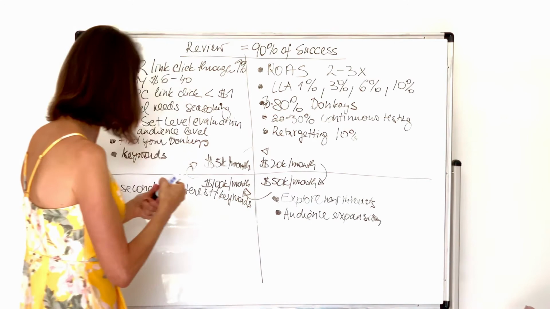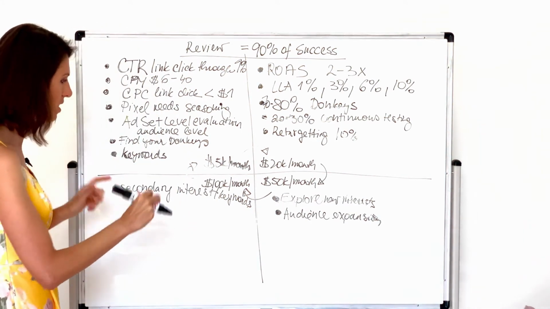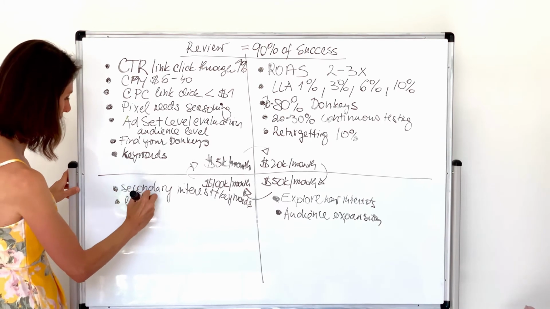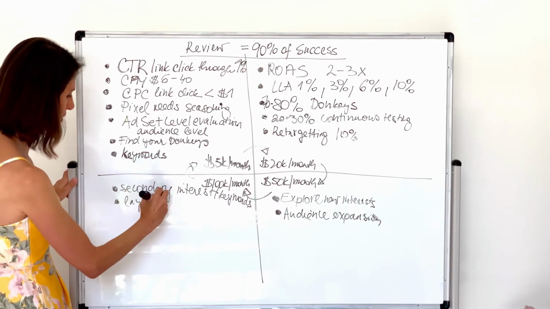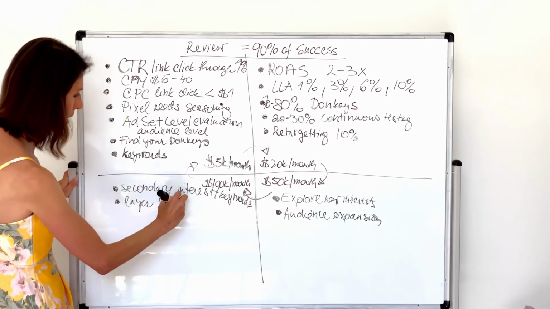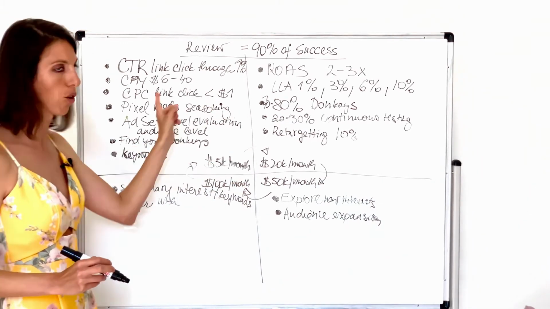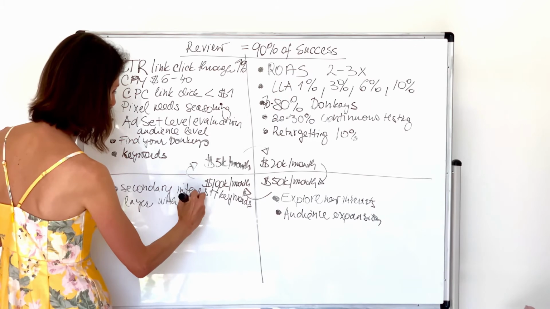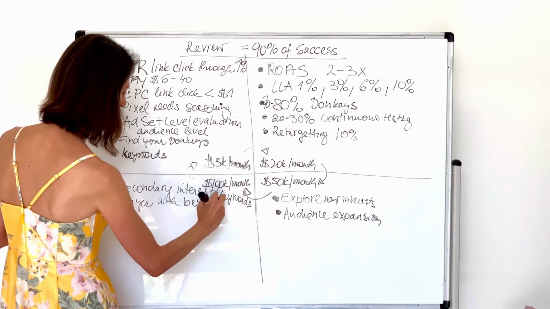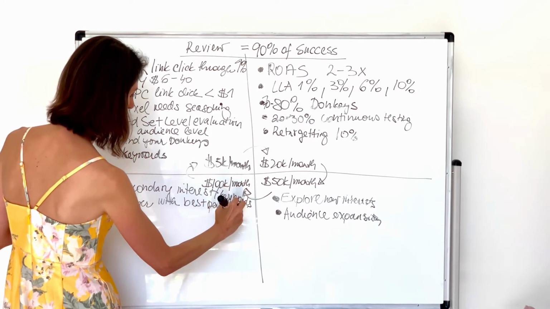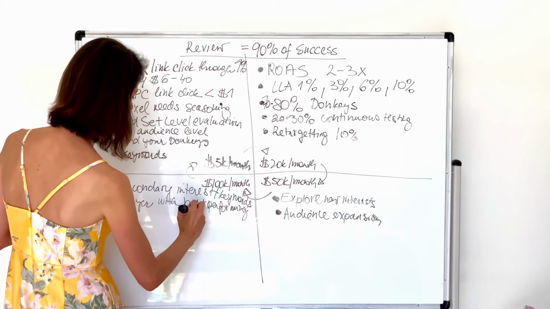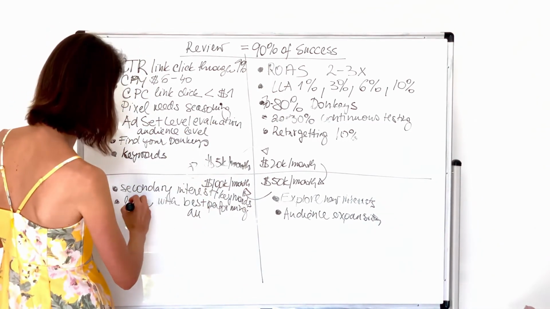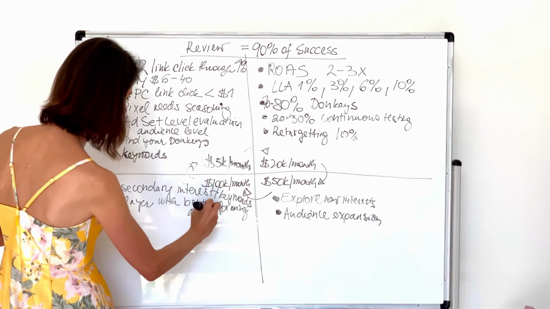So you could start looking for secondary interests, and then you could layer these interests with best performing audiences, whether it's lookalikes or best performing interests, whatever that is.